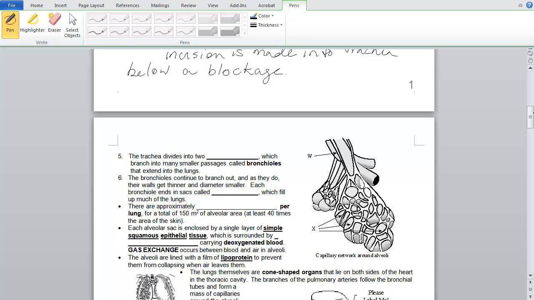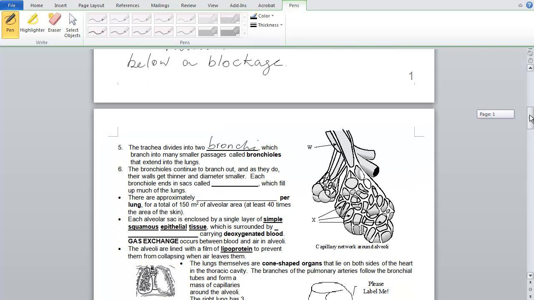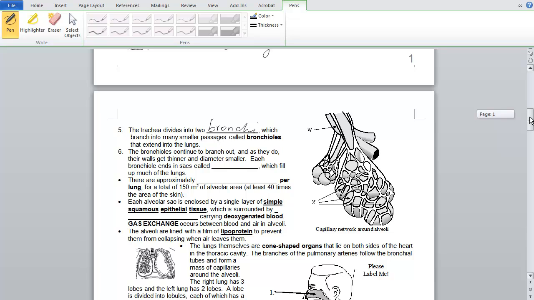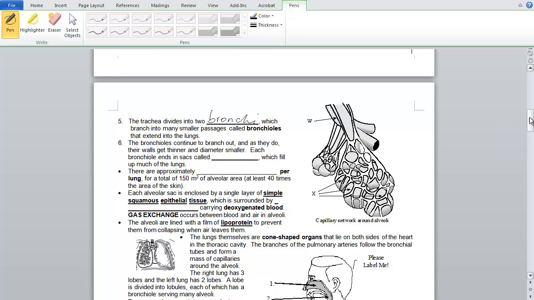So the trachea then divides into two bronchi, which then branch into many, many smaller passages called bronchioles. So the bronchioles will continue to branch out, and as they do, their walls get thinner and thinner, and they get narrower in diameter.